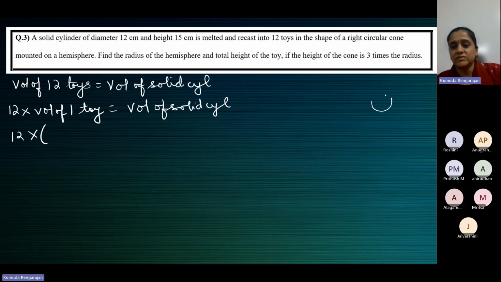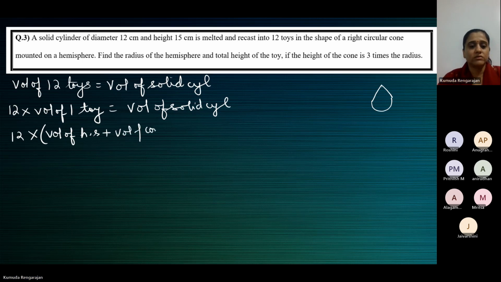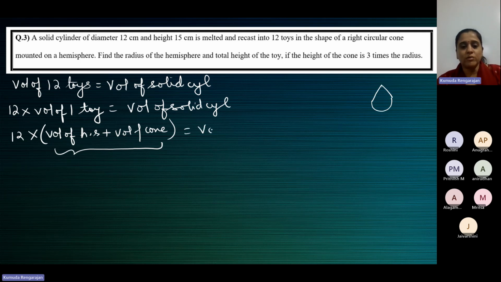The toy is like this. So it is volume of hemisphere plus volume of cone. This is for 1 toy. Into 12 is 12 toys, is equal to volume of solid cylinder.